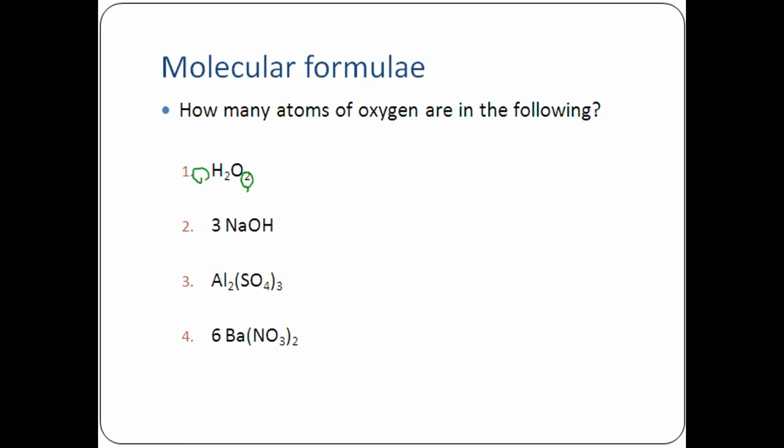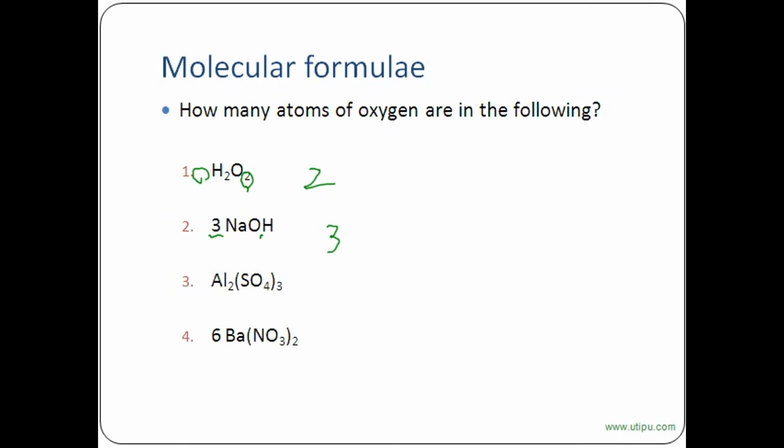We don't have to worry about that. There's no parentheses here, so there are just 2 oxygens in that one. This one right here, there is no subscript after the O. There's no parentheses in here, so there's just 1 oxygen in NaOH, but there are 3 NaOHs, so 3 times 1 gives me 3. 3 oxygens in number 2.